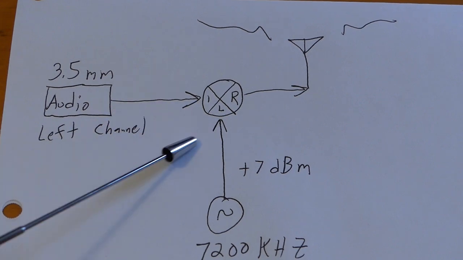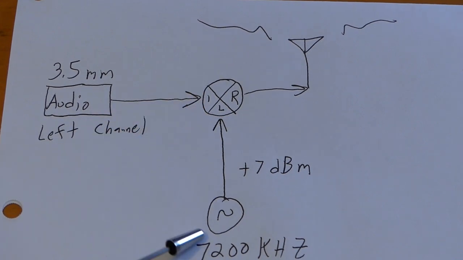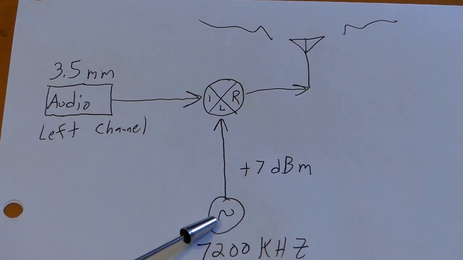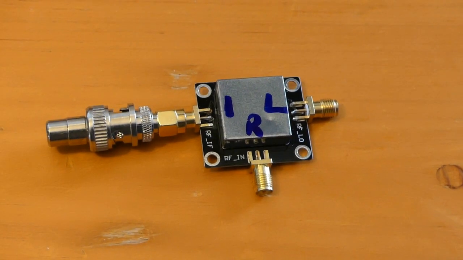Now let's get into a little bit of what mixer I used and what signal generator I used. Alright, here's the mixer. This is an ADE-6, or you can use an ADE-1 mixer, quite cheap. And how I marked it is the I, the L and the R ports. They may say in or out, but ignore that. All you're really looking for is the IF port, the L port, and the RF port.